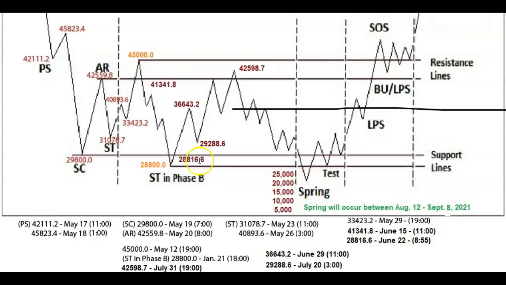Right as of now, Bitcoin has tracked perfectly with Wyckoff's chart. I have not changed this chart since I originally built it from the first video back in May. Okay?